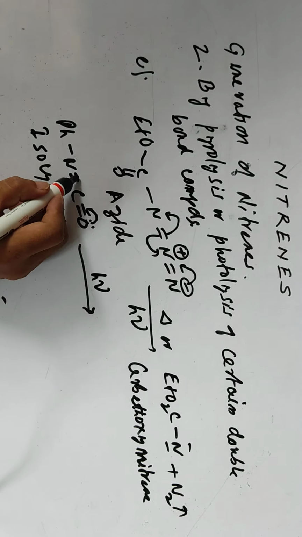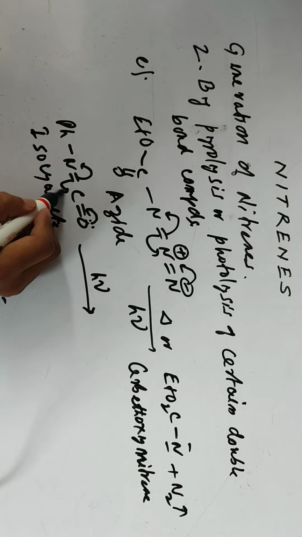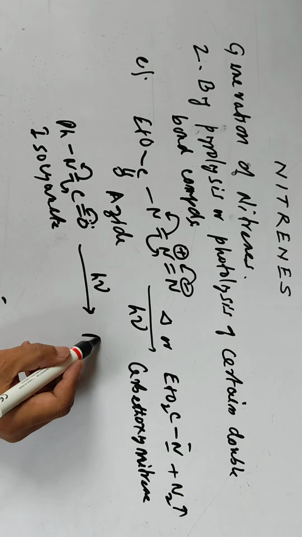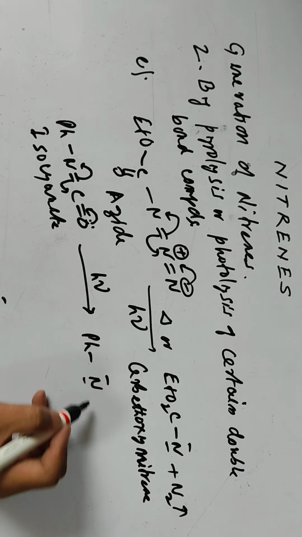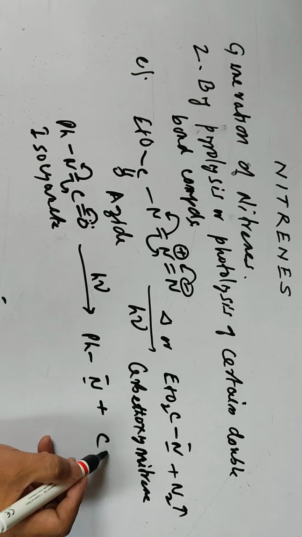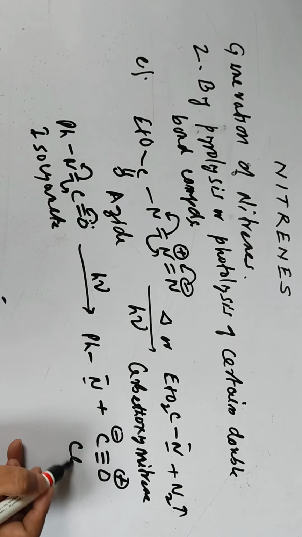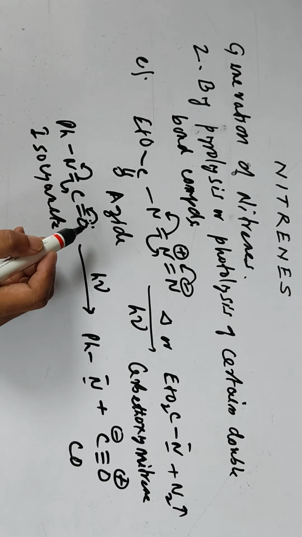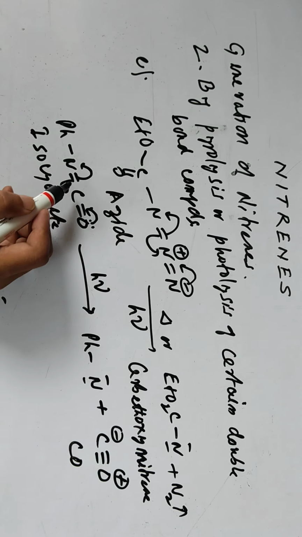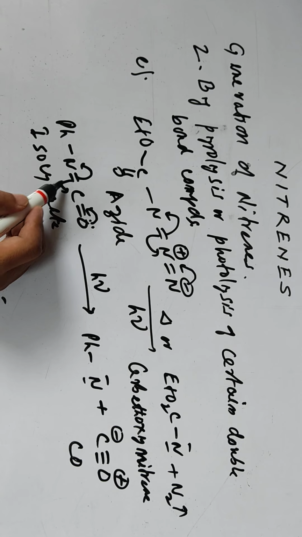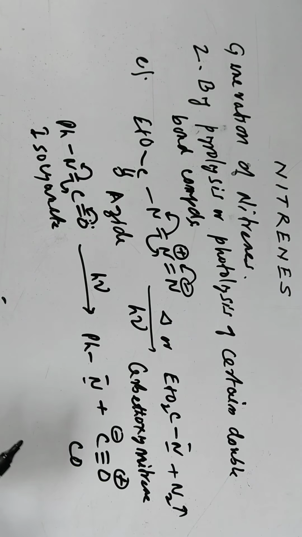So you can have this nitrogen, simple nitrogen, plus carbon monoxide. Carbon monoxide has a positive charge and a negative charge, CO. Here oxygen lost electrons, so it becomes positive, and carbon becomes negative. So this is carbon monoxide.